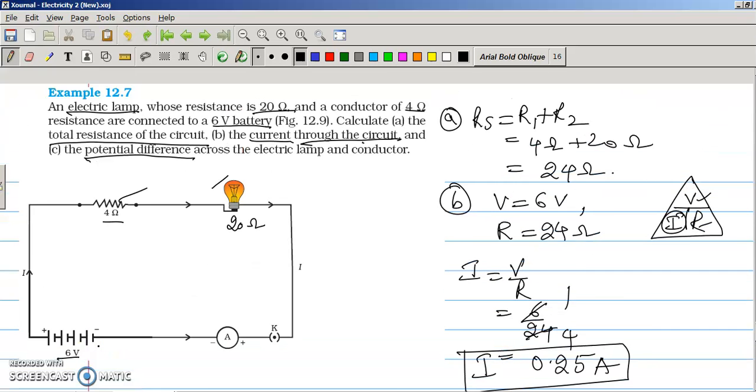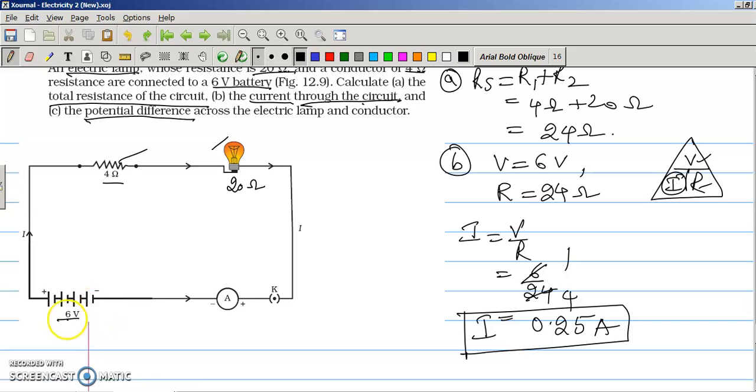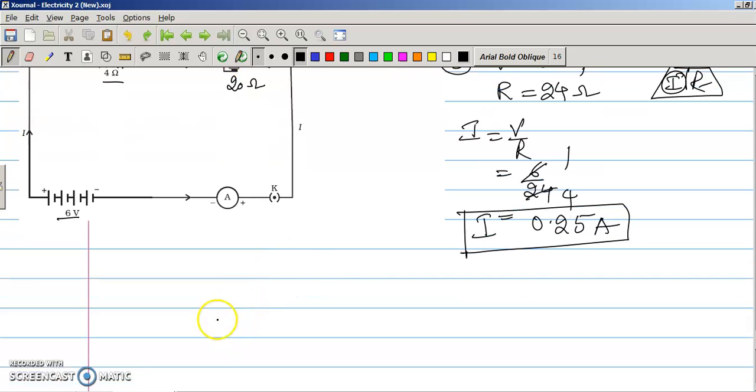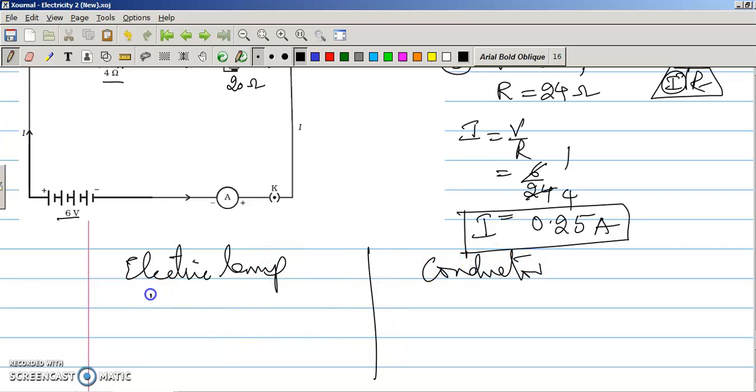What is the potential difference across the electric lamp and the conductor? Follow carefully. This is the electric lamp, and a conductor. We have to find V for both of them.